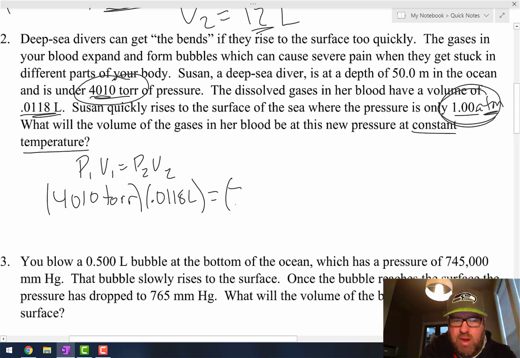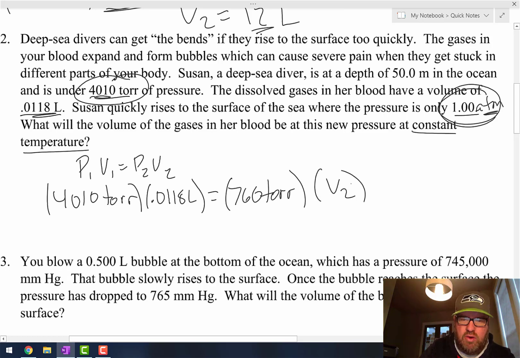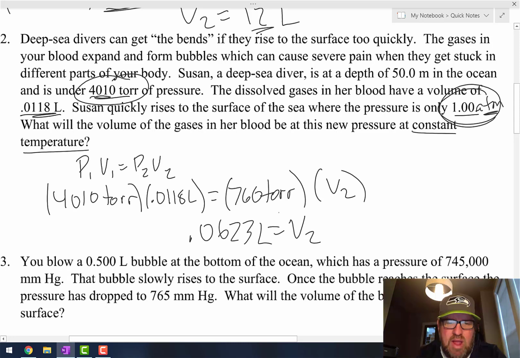So I'm going to convert my atmospheres to torr, which is 760, and then the volume is our unknown. So to find that volume, we're going to take 4,010 multiplied by 0.0118, divide by 760, and we get a volume of 0.0623 liters.